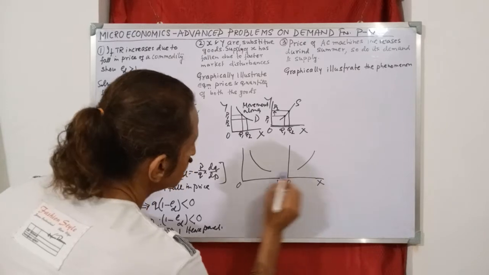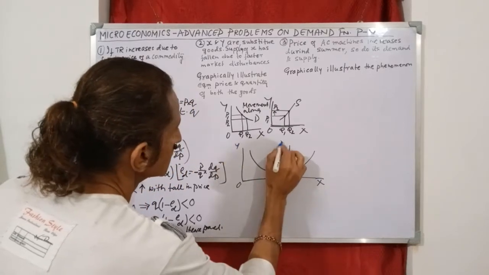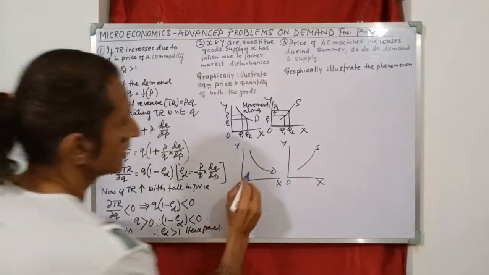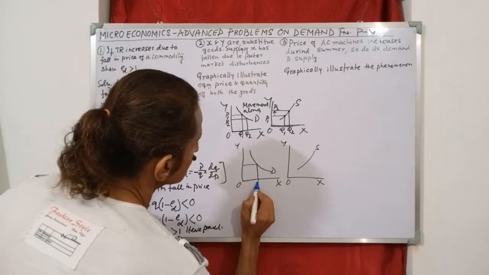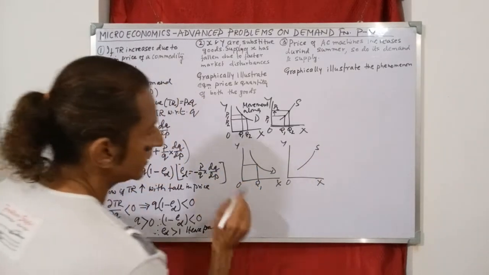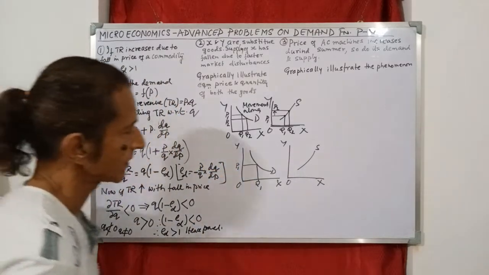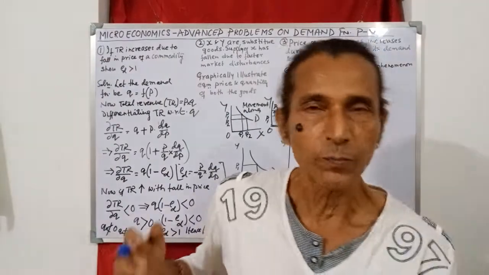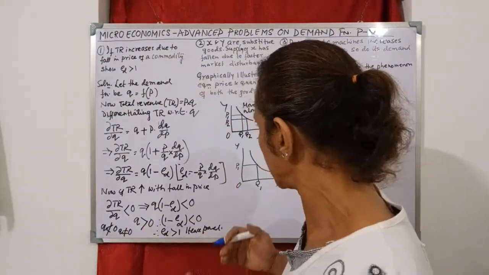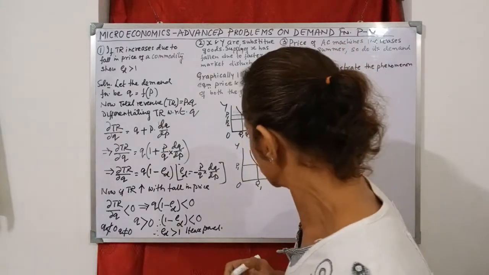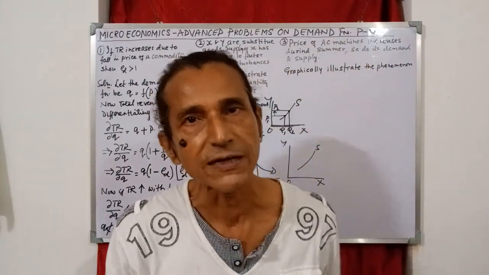Now consider these diagrams once again. This is the demand curve, this is the supply curve, and say the consumer is demanding OQ1 units at OP1 price. Now the price of that commodity has remained unchanged and some other factors have changed.